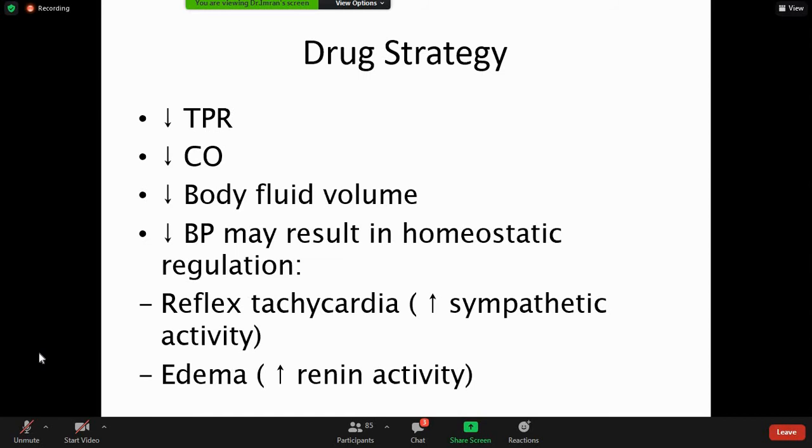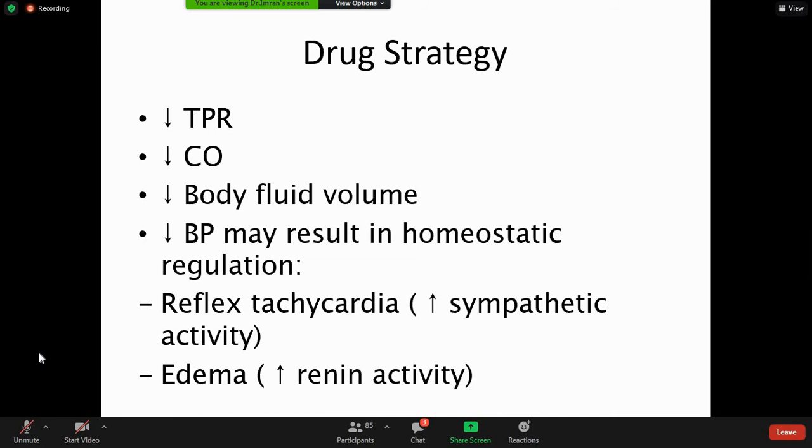This is the automatic regulatory mechanism. In response to decreased blood pressure, renin from the macula densa is released, and it will convert angiotensinogen. You know, angiotensinogen is synthesized in the liver. This angiotensinogen is converted into angiotensin 1 with the help of renin.